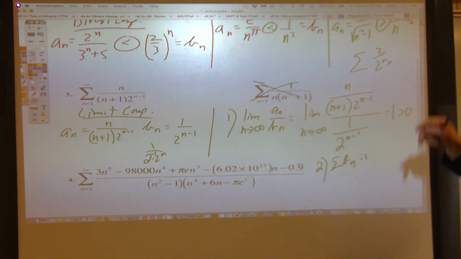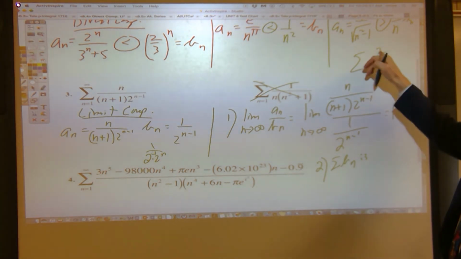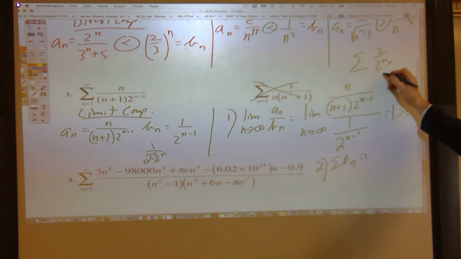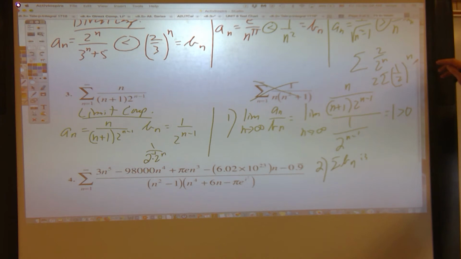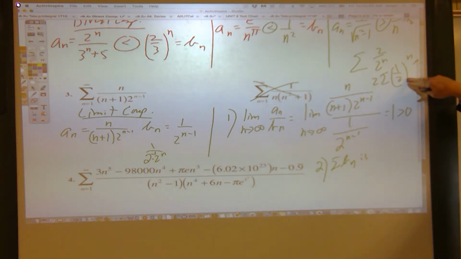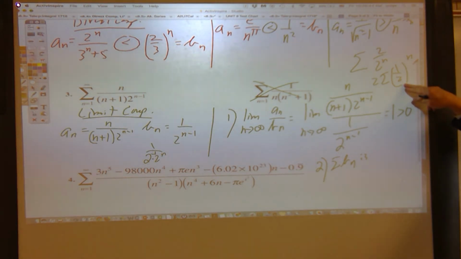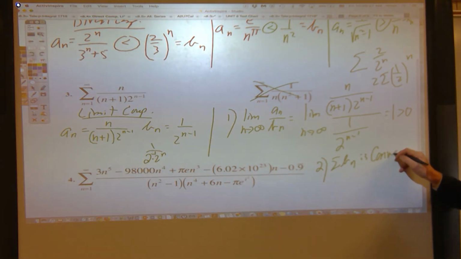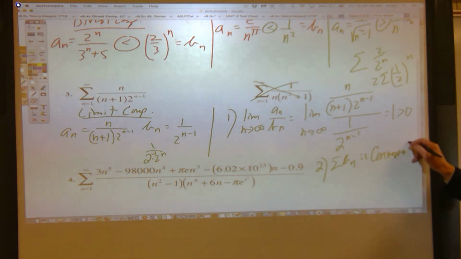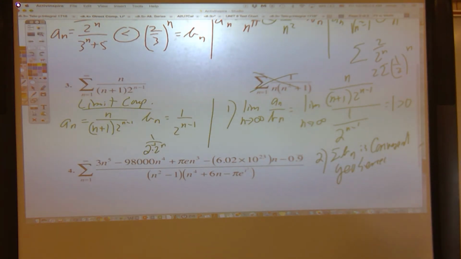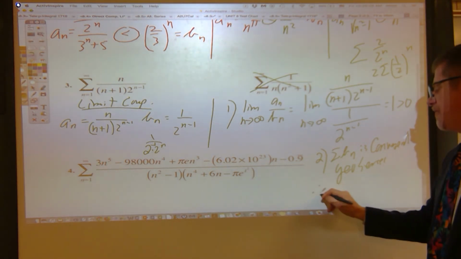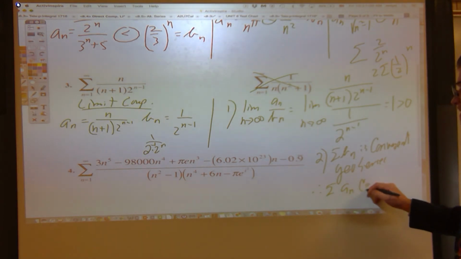And pull the 2 out front, and it's 1 over 2 to the n. So it's really a geometric series with an absolute value of r less than 1. So we can say that it's a convergent geometric series. And since b sub n, the function to which we compared it, converges, then we can say, therefore, series a sub n converges.